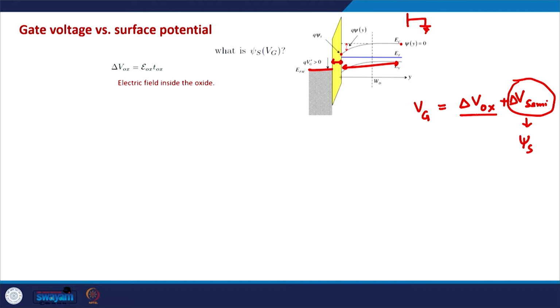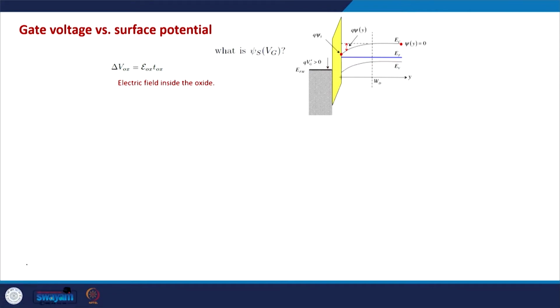But what is the voltage drop in the oxide? That will be given by the electric field in the oxide. Okay. So that's an important point again here, that in order to understand the relationship between Vg and psi s, we need to understand what is the voltage drop in the oxide, and that depends on the electric field in the oxide.